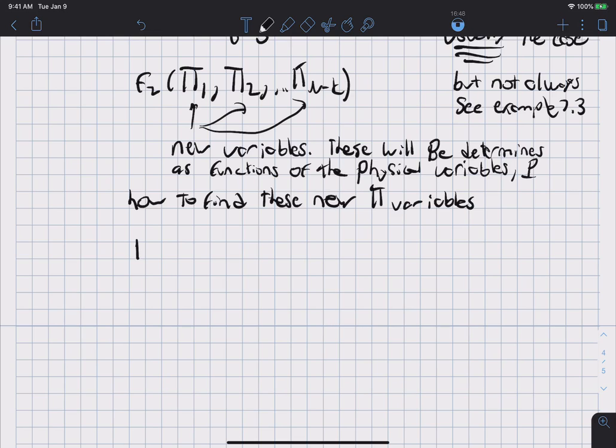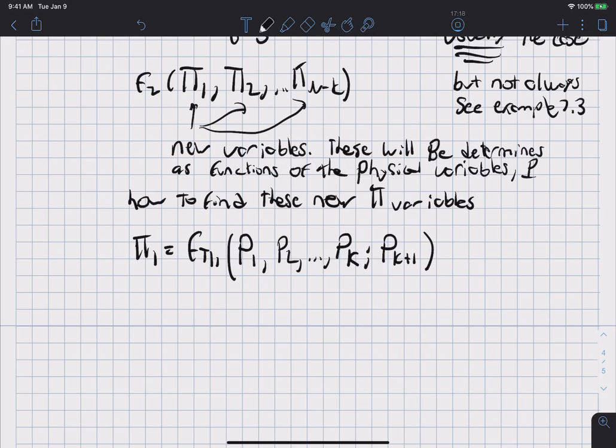Well, we'll say that pi 1 equals some function of physical variable 1, physical variable 2, up to physical variable k, and an additional physical variable, k plus 1. Recall that k is the number of dimensions.